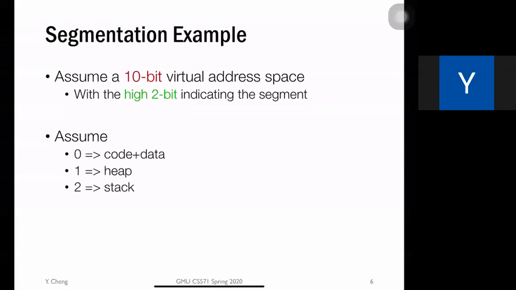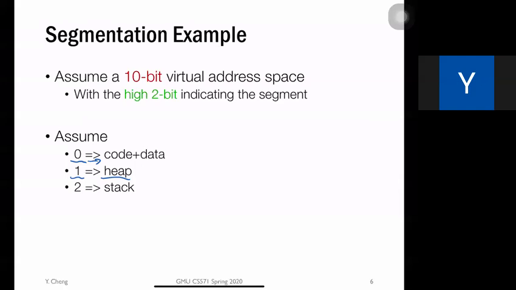Okay? Assume in this example, segment 0 gets mapped to the very first memory segment, which is the combined code and data segment. And segment ID 1 gets mapped to the heap segment, whose size is dynamically adjustable. It could dynamically enlarge or shrink, depending on the behavior of the running program.